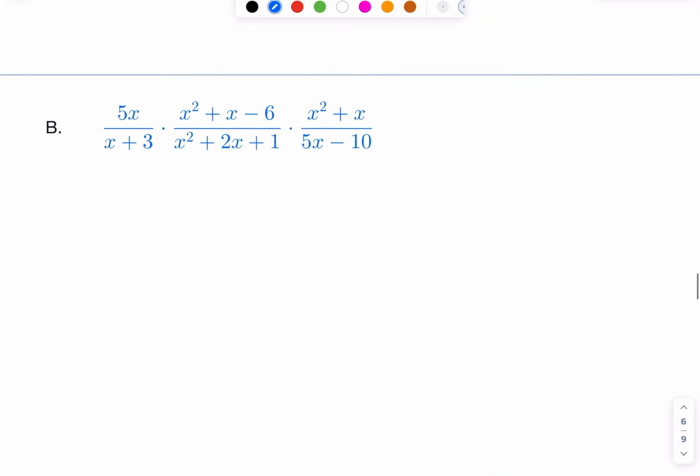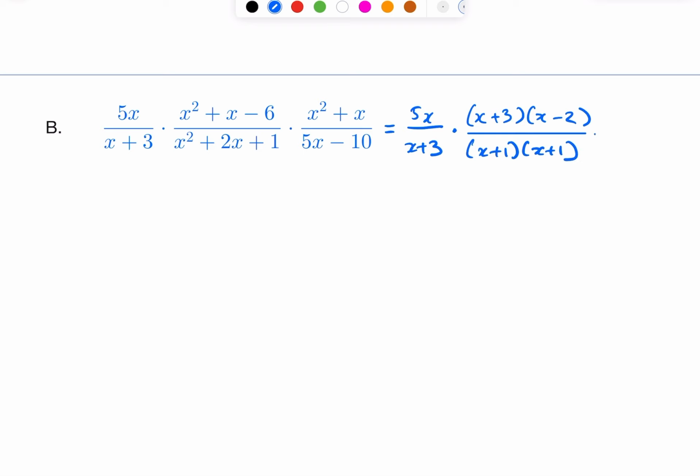Let's take a look at part B. Here we've got a bunch of polynomials, and before we go ahead and multiply this all out, we should simplify first. So by doing that, this expression simplifies out to 5x over x plus 3 times, and the numerator of the second fraction factors out to, let's see, x plus 3, x minus 2, and that is all over x plus 1 times x plus 1.